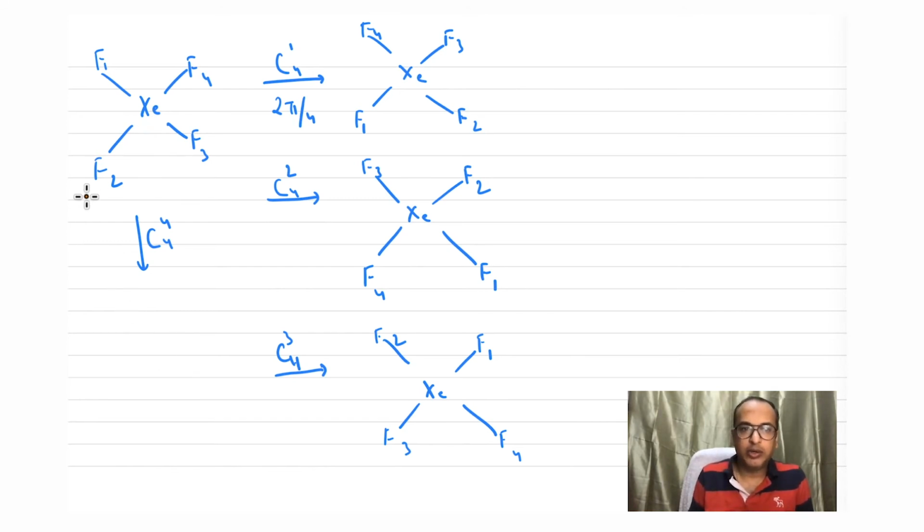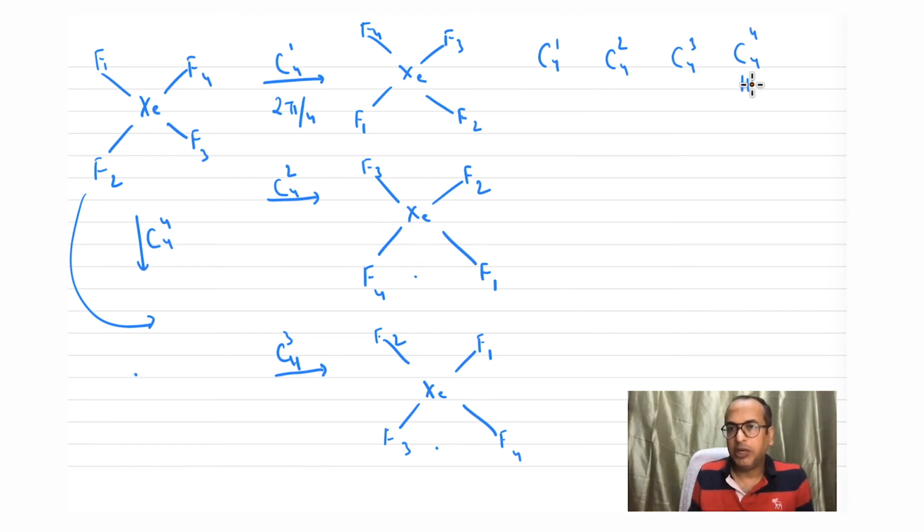So you get the original molecule back over here, right? So these are called equivalent configurations. This one would be identical configurations. So that's why C4 1, 4 operations it will give rise to, C4 3, and C4 4, which will be equivalent to identity, right?